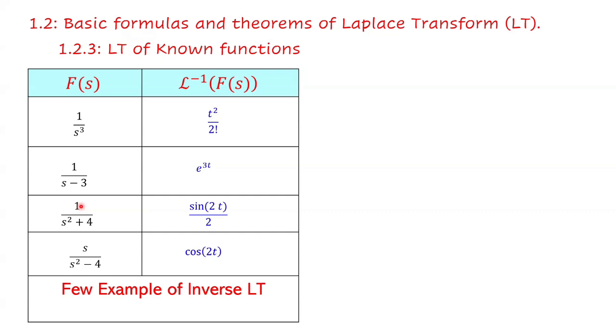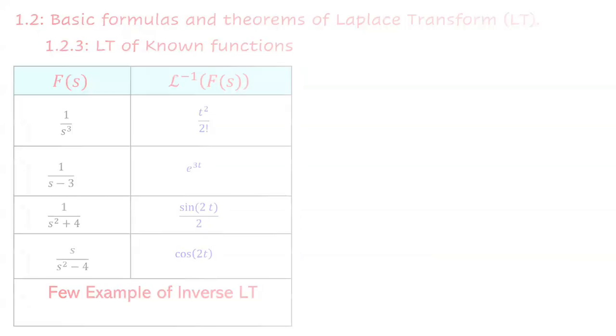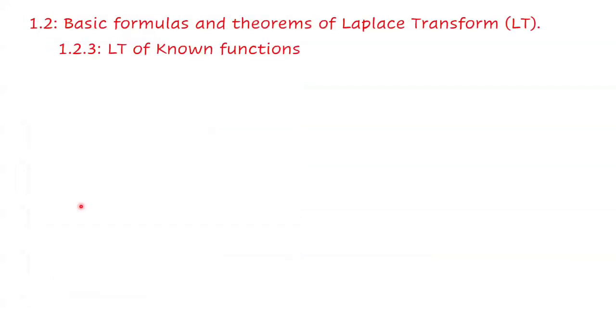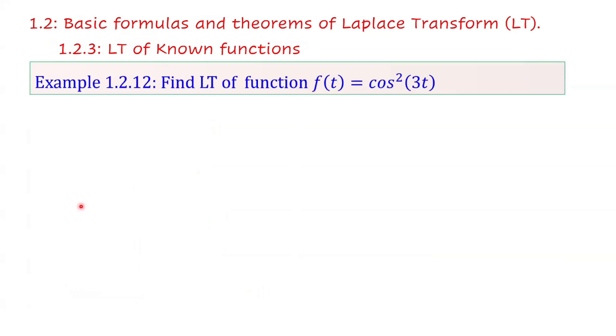Now the question is that these are the basic functions: sine at, cosine bt, and exponential functions e to the power at. If it is other than these, how can we solve it and what are the methods? That we will learn in a future section. Now we will have one example here that is not from the table.